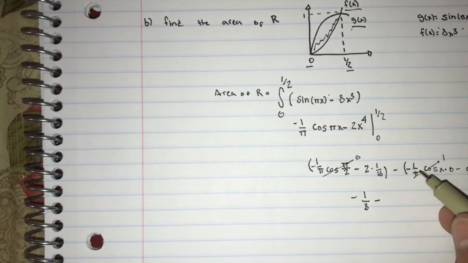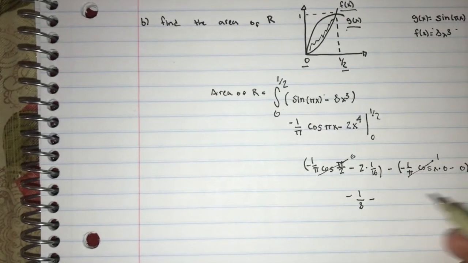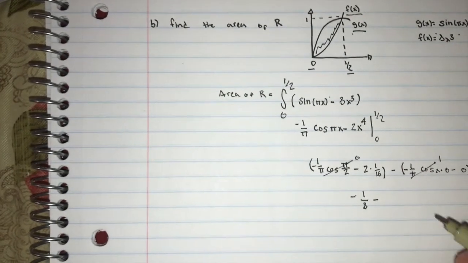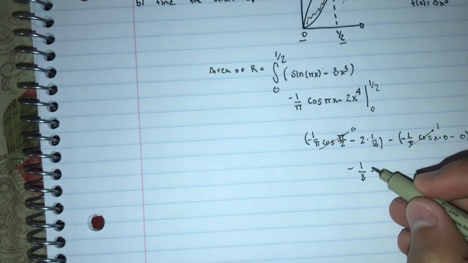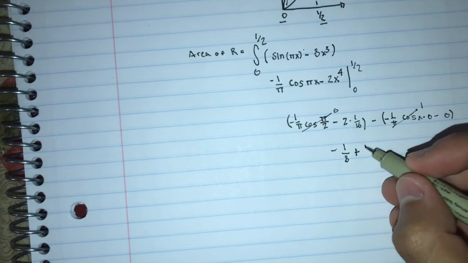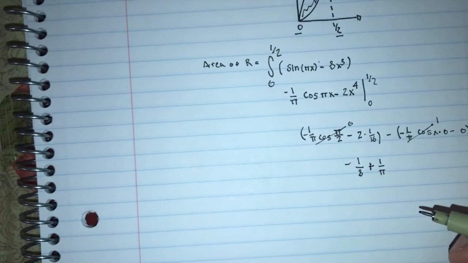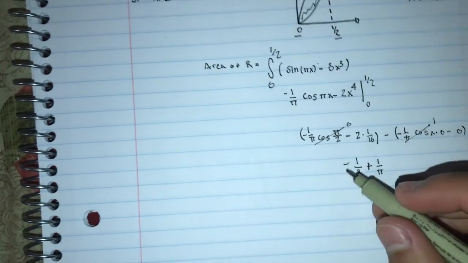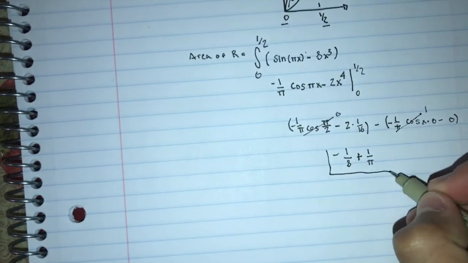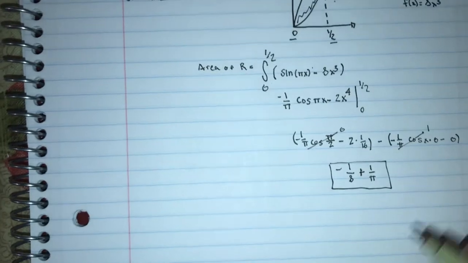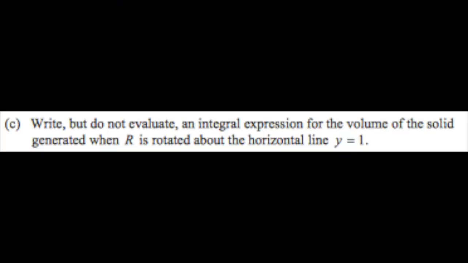Since the negative times the negative makes it a positive, we end up with it becoming plus 1 over pi. This will be the whole solution to problem B.